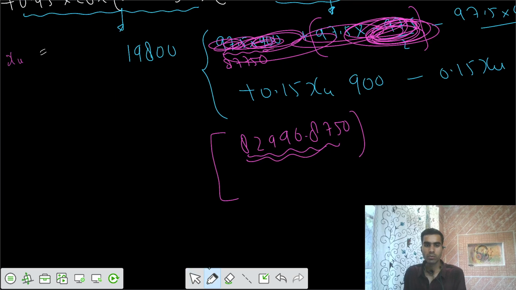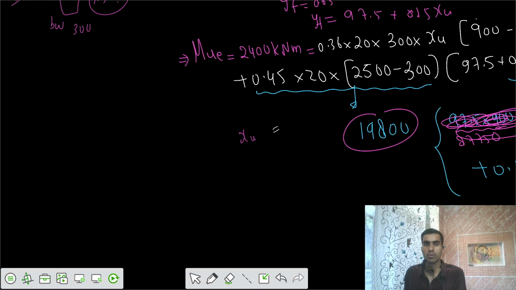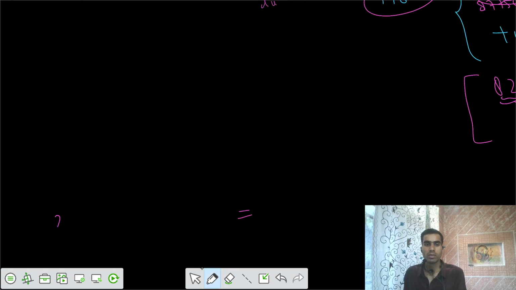This value, this into this, we got some value, and I am going to subtract that from the other side, the 2400 into 10 to the power 6.